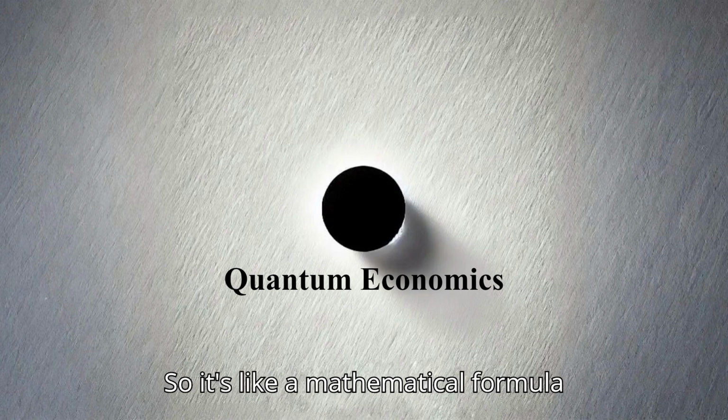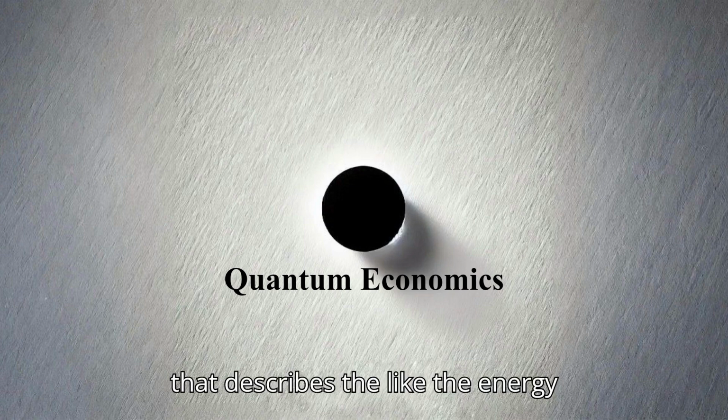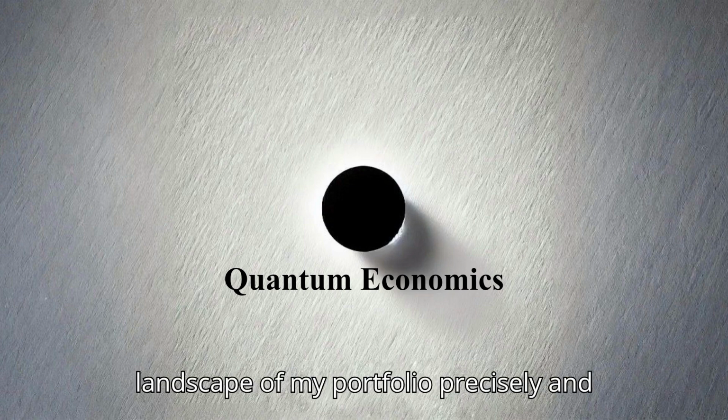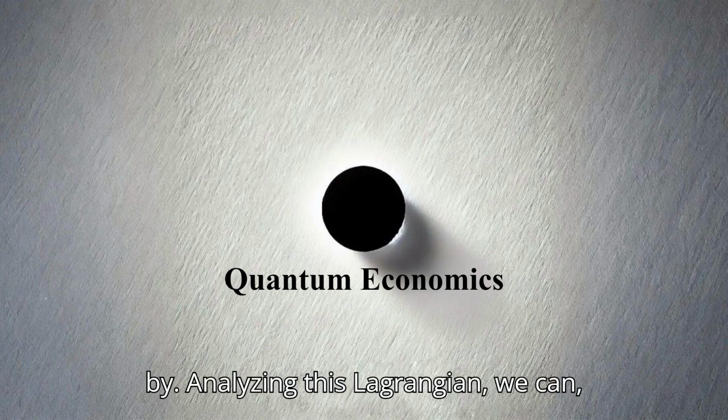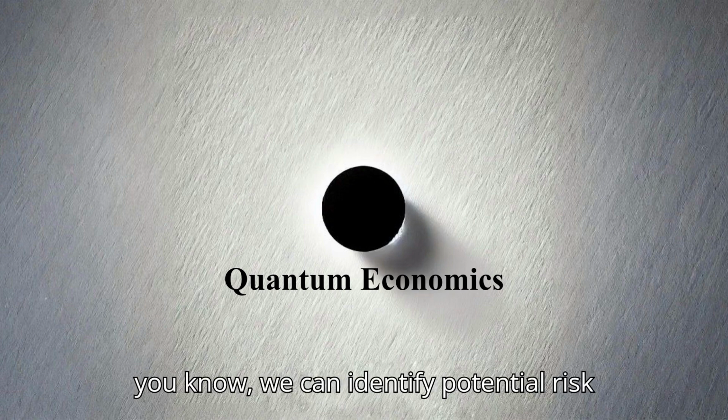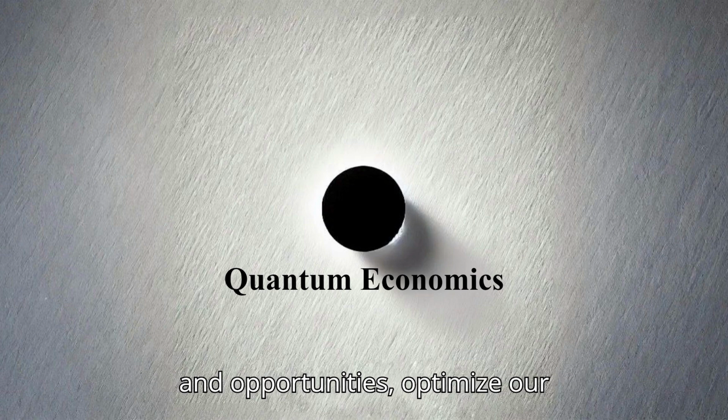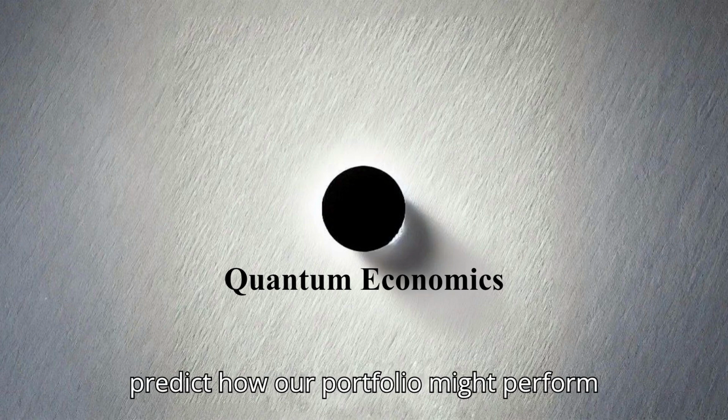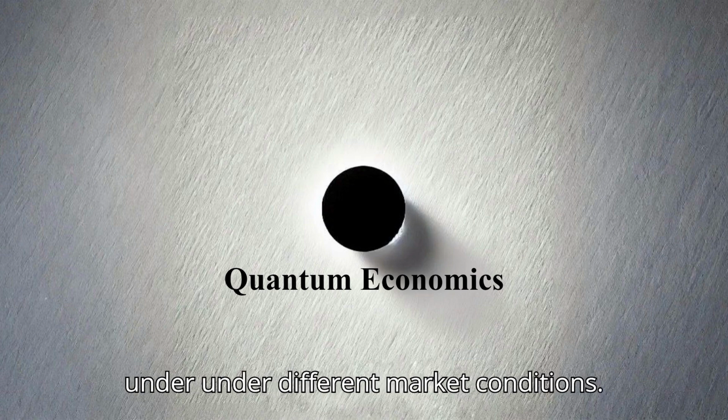So it's like a mathematical formula that describes the energy landscape of my portfolio. Precisely. And by analyzing this Lagrangian, we can identify potential risks and opportunities, optimize our investment strategy, and even predict how our portfolio might perform under different market conditions.